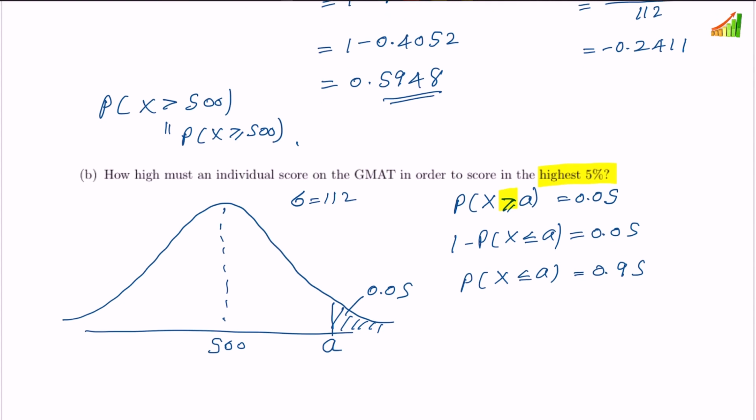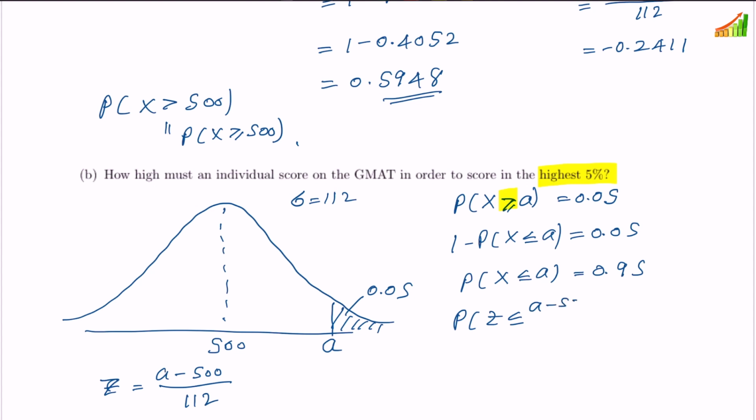Right. Now, what is the next step? Because here we have X again, we need to convert to Z. We know the probability, so now we need to convert A to the z value. Z value of A equals A minus mu, which is 500, divided by sigma 112.